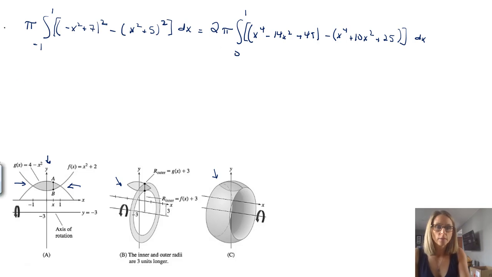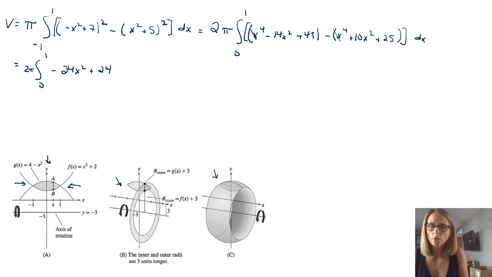And then our volume here, we can do some simplification, which is nice. So notice those x to the 4th are going to be gone. It looks like we'll have 0 to 1 of 2 pi. So we'll have a negative 24x², and then plus 24, so 49 minus 25.